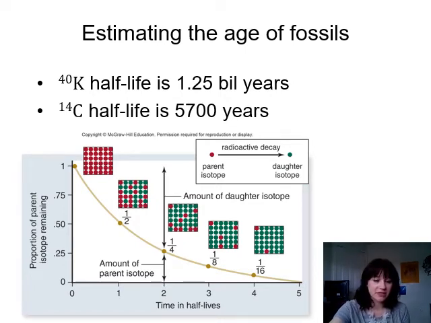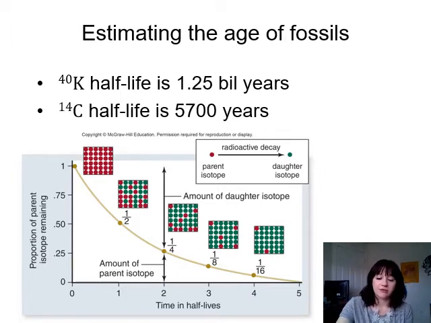And in this graph, we can see on the y-axis the proportion of parent isotope remaining. So for example, in carbon, that would be carbon 14. And then we've got time and half-lives on the x-axis. So scientists know, for example, how long it takes to get to 1 half-life, to 2, to 3, and 4, and that can be used to date these different fossils.